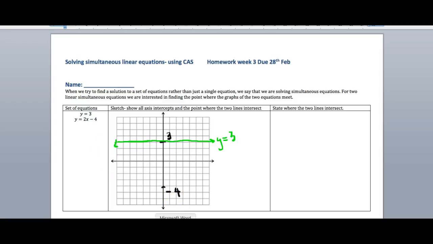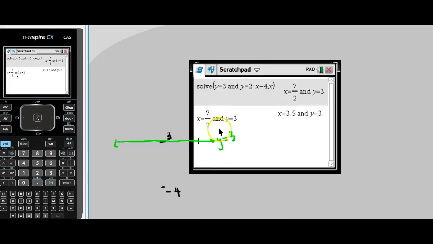So we just do solve, remember we let y equals 0, so 0 equals 2x minus 4, and we're solving for x. So x equals 2. So I'll go back to my graph.